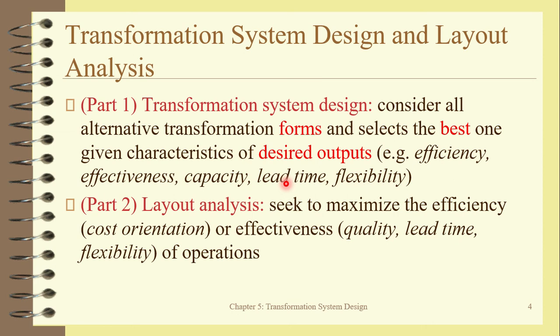We will explain five major forms of the transformation system and the differences between each form, and you need to select the appropriate one to get the desired output. The output that will be delivered by each system could be efficiency, effectiveness, capacity, lead time, or flexibility.